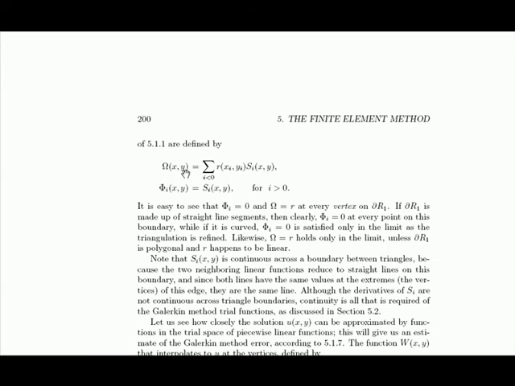So it'll be close to R, and each of the phi will be 0 on the entire essential boundary. Therefore, U being omega plus a linear combination of the phi will be equal to R on the essential boundary, at least at the vertices on the essential boundary, and it'll be a linear interpolant to the essential boundary condition on the rest of the essential boundary.